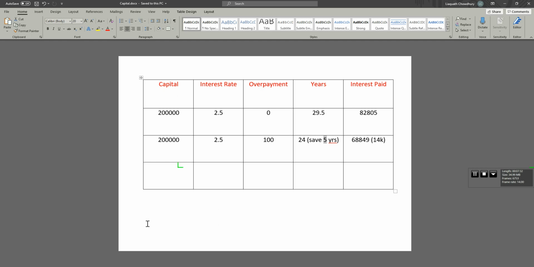So as we can see, a simple $100 makes a huge difference in our financial freedom. It can save us from this mortgage 5 years before. Not only that, it also saves us $14,000.